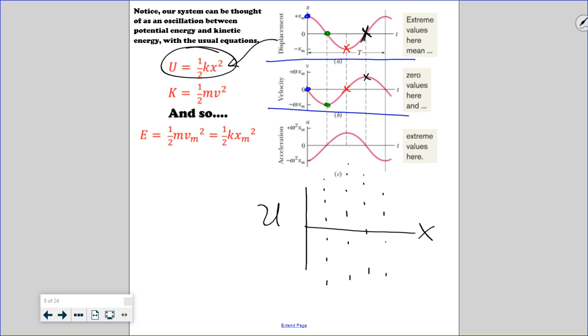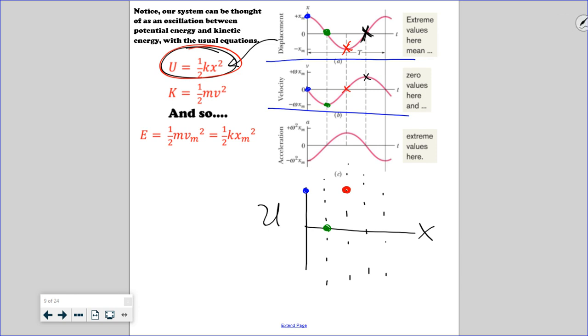This blue dot up here corresponds to our maximum x, therefore our maximum elastic potential energy. At the green dot, our x is 0, which means our elastic potential energy is 0. At the red x, well, x is squared, so the fact that x is negative doesn't matter. So that's going to put us back up here again, and then we go back down to 0 again.